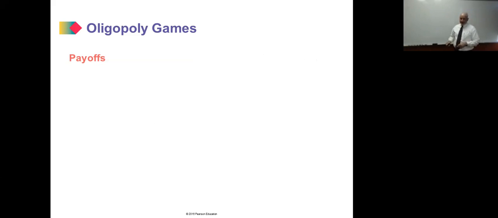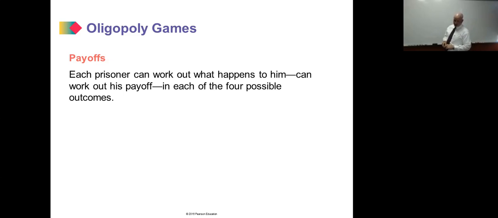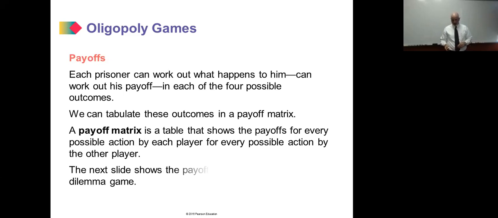The payoffs: each prisoner can work out what happens to him, and they know it's going to be one of 4 possible outcomes. And as I said, we're going to illustrate this using a payoff matrix, which shows every possible action by each player for every possible action of the other player.